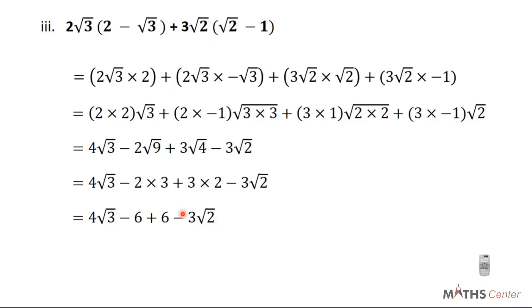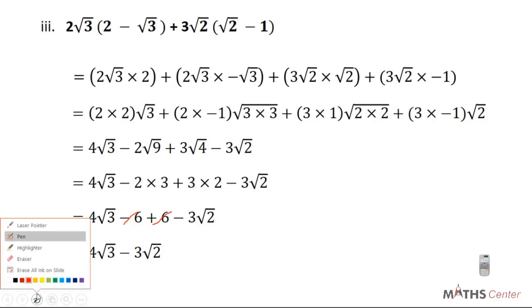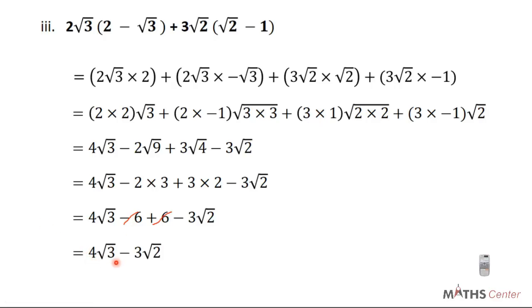Plus 3 times 2 will give us positive 6. Then minus 3 root 2. So you can see from here that we have negative 6 and positive 6. So they are going to cancel out. So negative 6 will cancel out positive 6. So finally, we are going to get our answer as 4 root 3 minus 3 root 2.